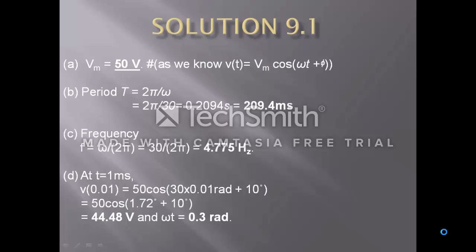As we know, pi radian equal to 180 degrees, so 1 radian will be equal to 180 by pi, and 0.3 radian will be equal to 17.2 degrees plus 10 degrees. So our final answer will be 4.48 volts, where omega t equal to 0.3 radian.